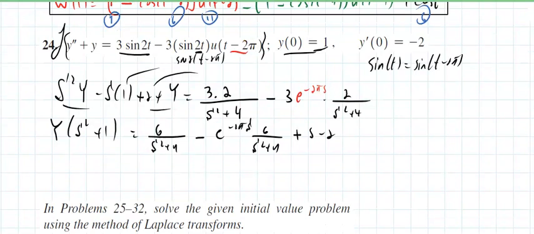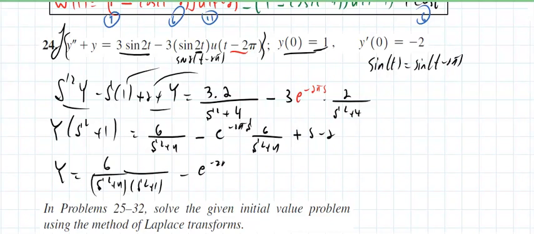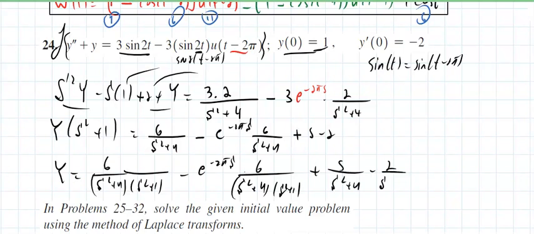So here, I will say Y equals 6 over s squared plus 4 times s squared plus 1, minus e to the negative 2 pi s, 6 over s squared plus 4 times s squared plus 1, plus s over s squared plus 4 minus 2 over s squared plus 4.